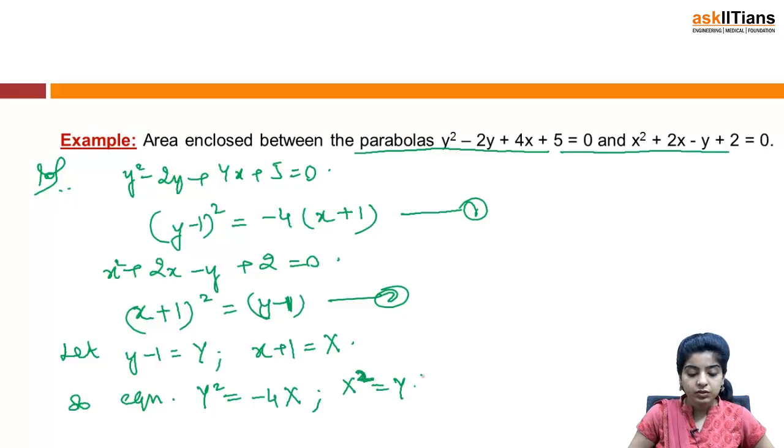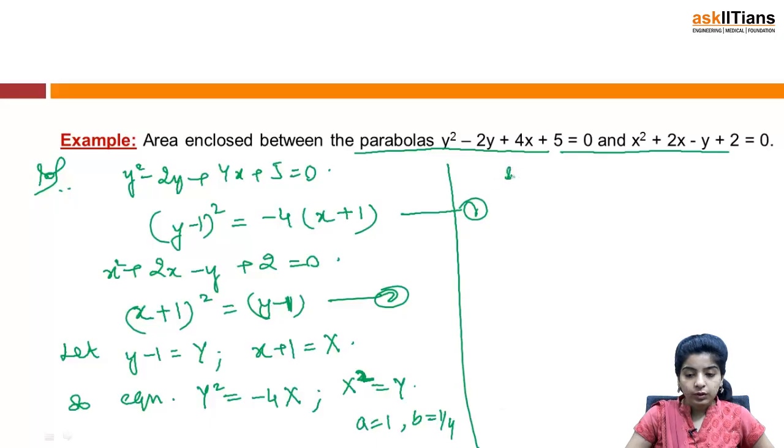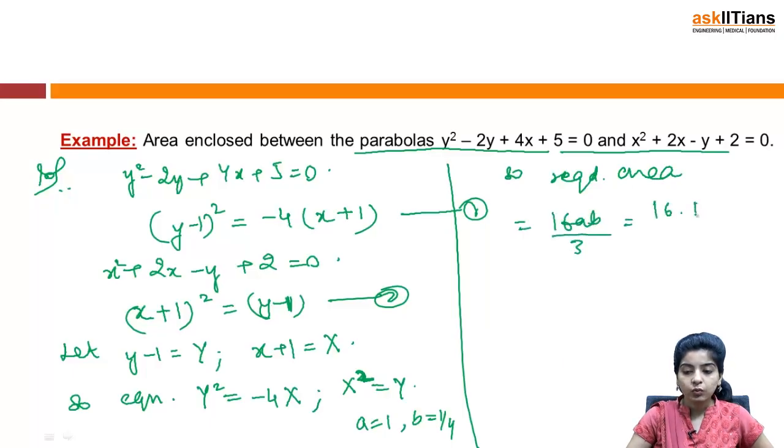These are the two equations, and here my a is 1 and b is 1 by 4. So the required area would be 16ab by 3, that is 16 into 1 into 1 by 4 by 3, and that is 4 by 3.